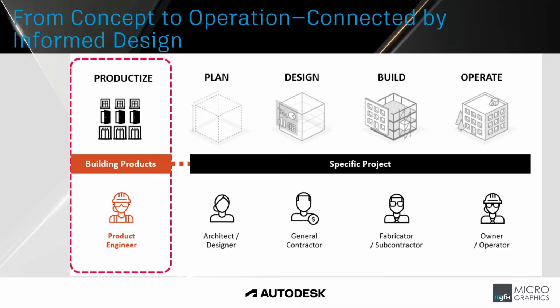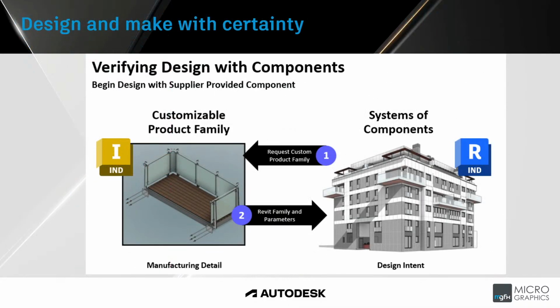From engineers to contractors to fabrication and even operators, they will all work with a single source of truth. The result is improved collaboration. You'll reduce your errors and accelerate project delivery. Design and make with certainty.